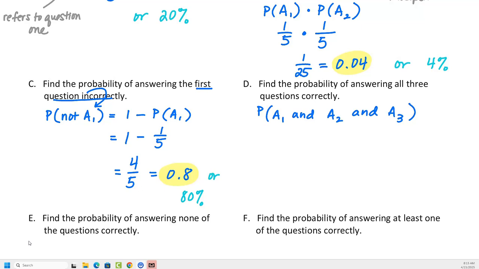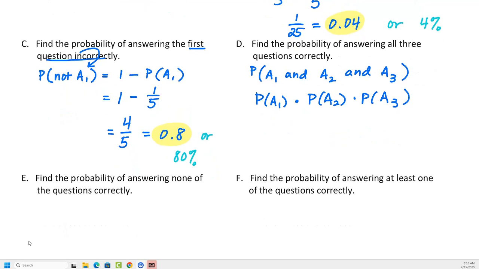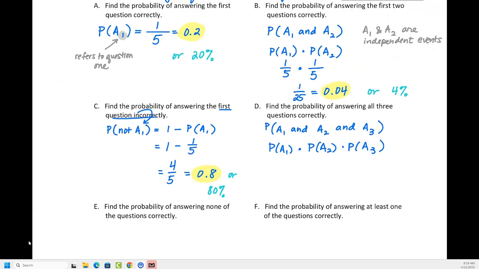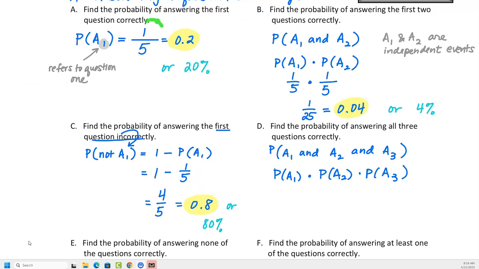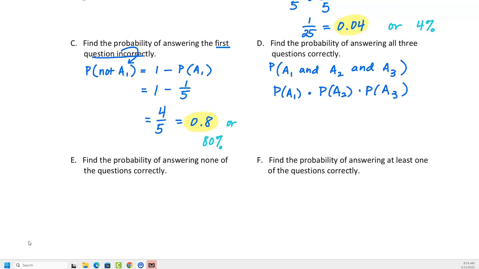So remember, the events answering question 1, answering question 2, answering question 3 are independent events. So that means I can rewrite this to be the probability of A1 times the probability of A2 times the probability of A3, which we already found out in part A. We know it's 1 in 5 for question 1, and 1 in 5 for question 2.